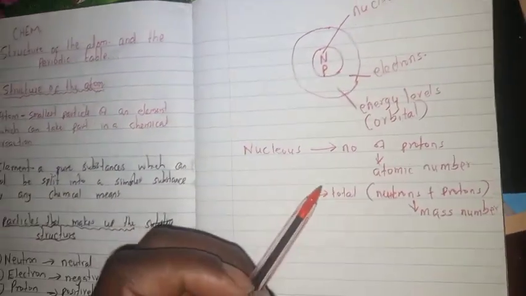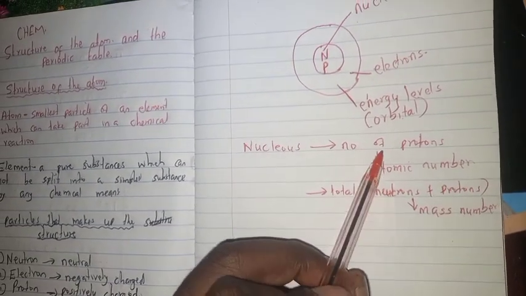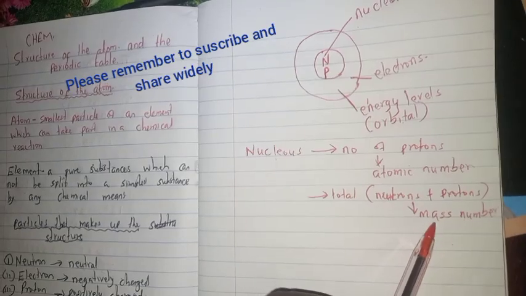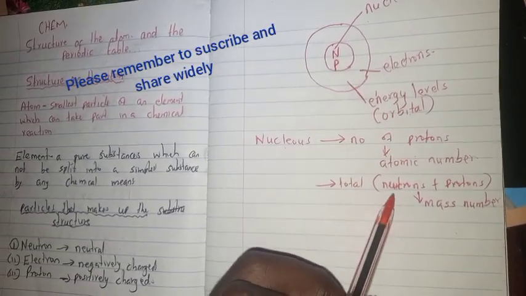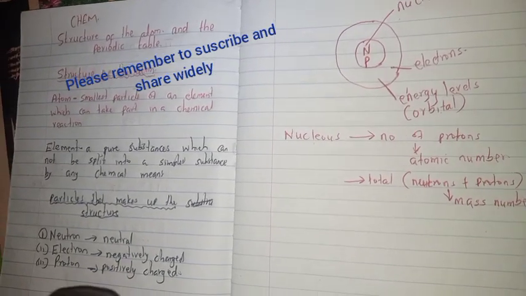So if a question is posed to you asking what is atomic number, it is the number of protons in the nucleus of an atom. And if you are asked what is mass number, then we say it is the sum of neutrons and protons in the nucleus of an atom.